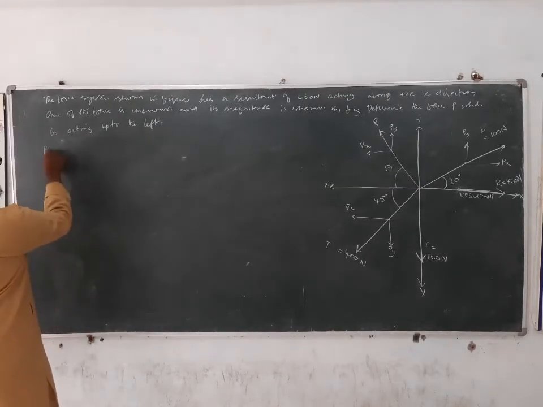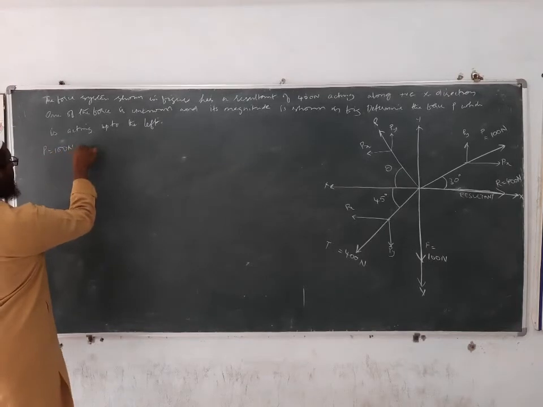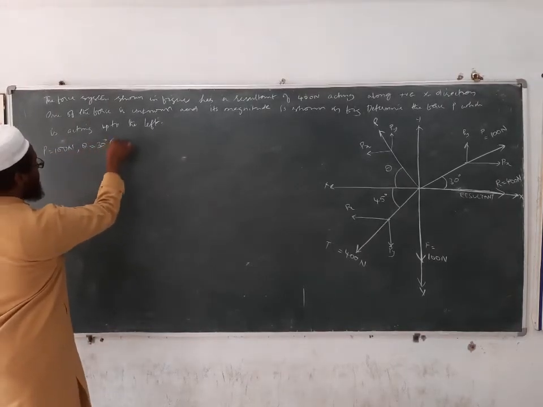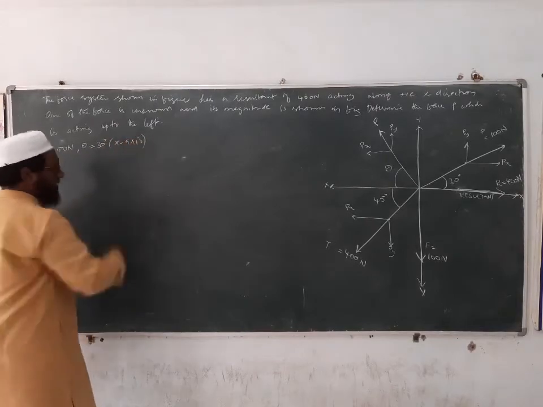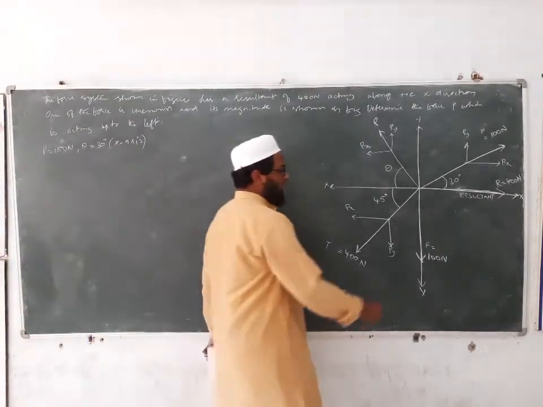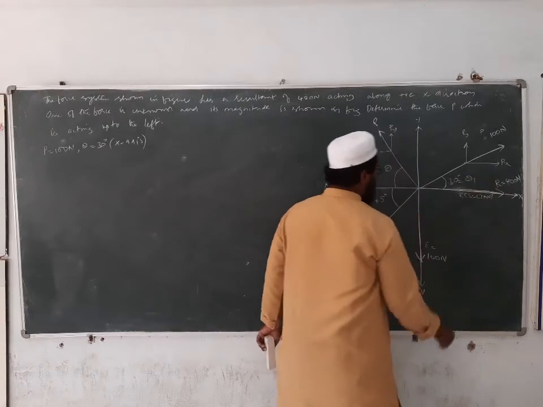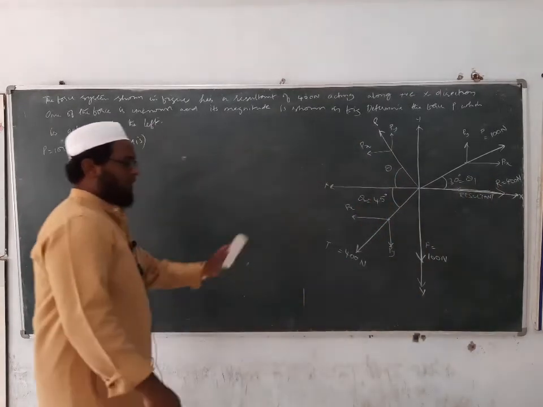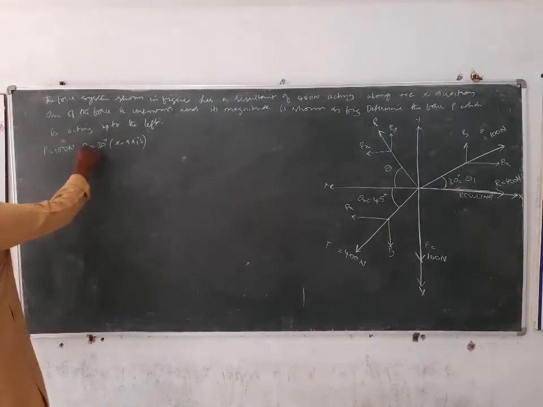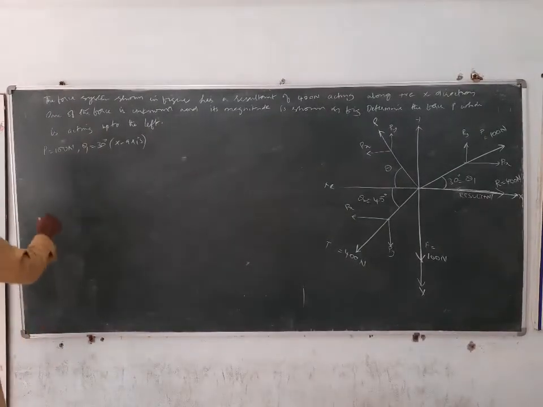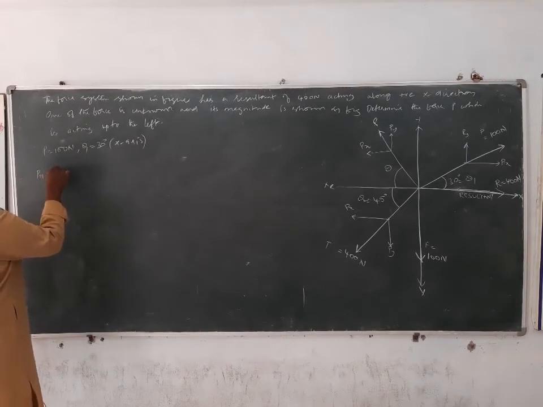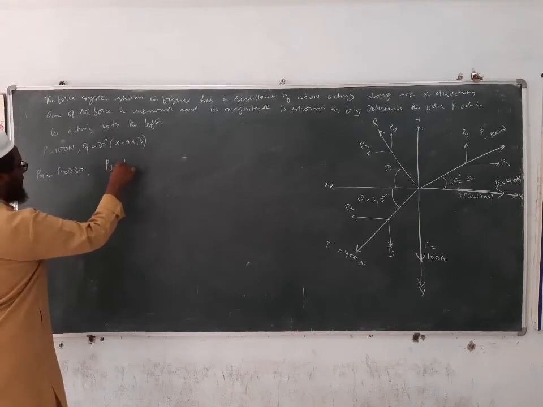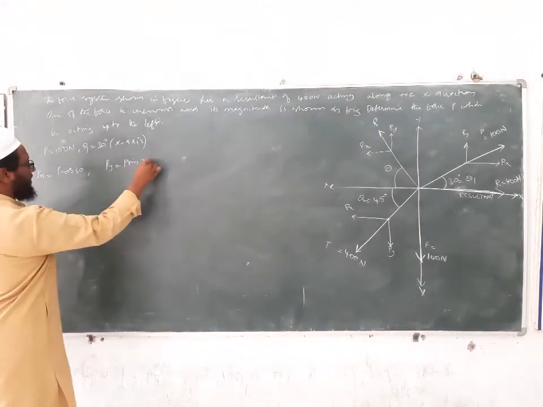Now tell me the components of P. P is equal to 100 newtons and theta is how much? 30 degrees with the x-axis. We'll name this one theta 1, and this one theta 2. For F we don't have any theta. So Px is equal to P cos 30 and Py is equal to P sin 30 degrees.